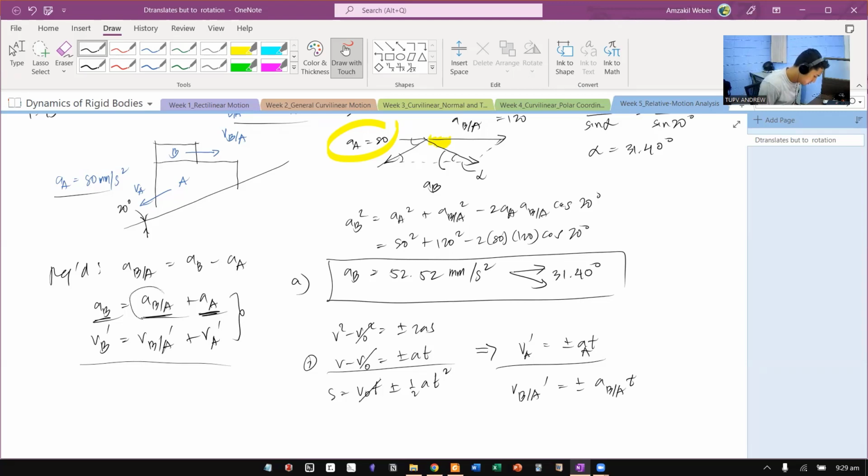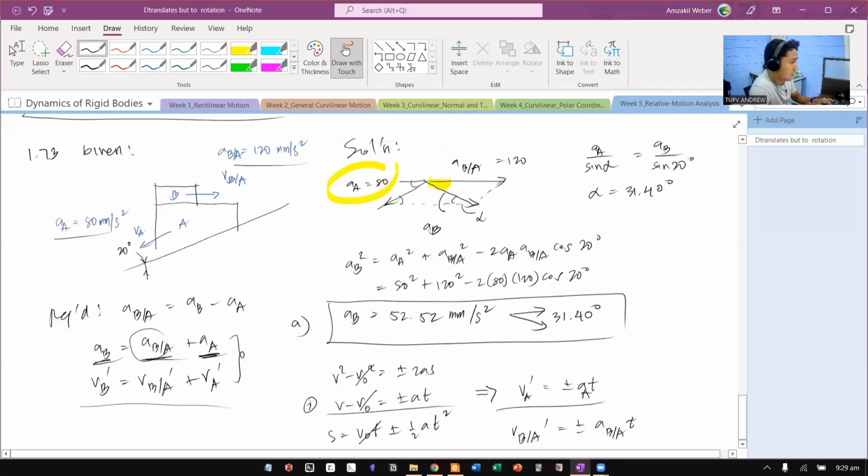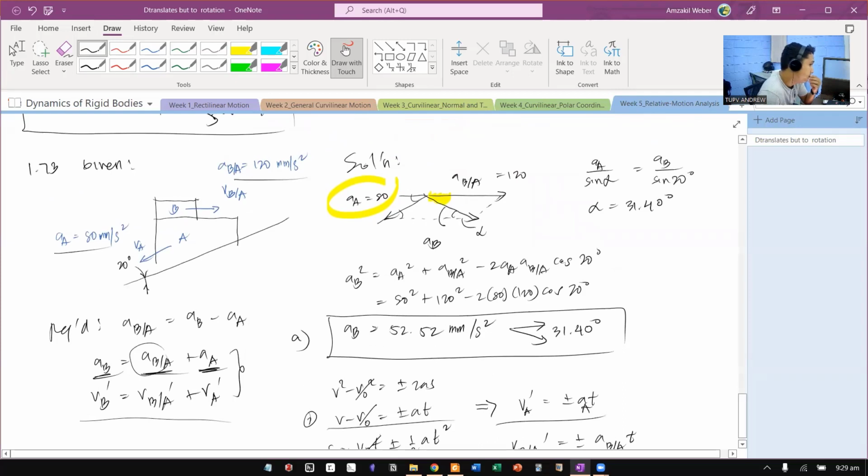We can look at the acceleration of B with respect to A. When you think of acceleration of B with respect to A, don't think of wedge A moving. Just concentrate on B, which moves on top of A. Meaning, it is 120 millimeters per second squared.